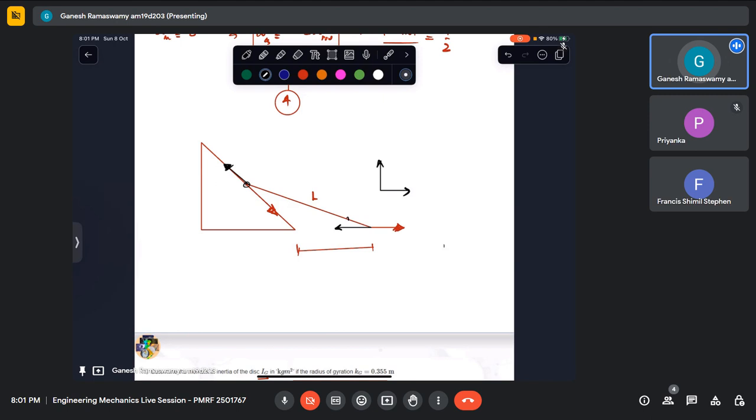As I suppose you were the person who attended that session, where we resolve this velocity into a component along the axis of the member, this velocity's component along the axis of this member will have to be equal by virtue of them being rigid. By that concept also you can solve.